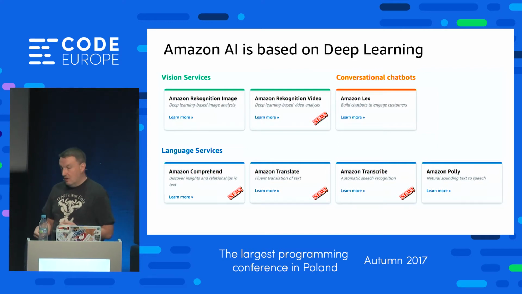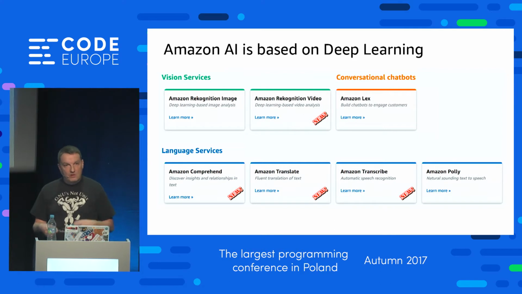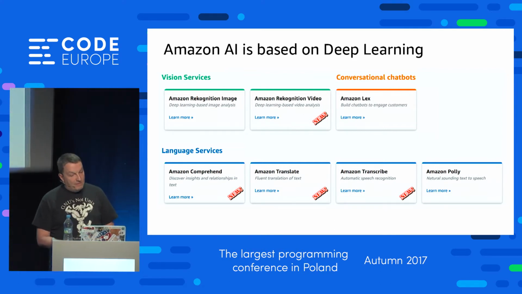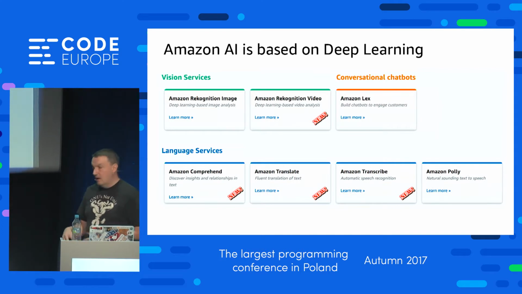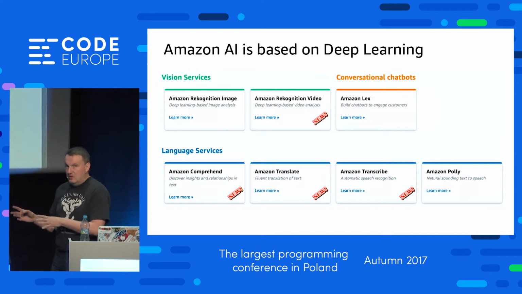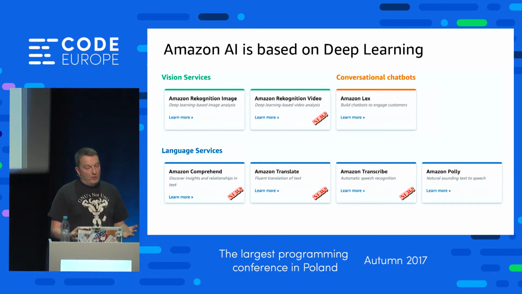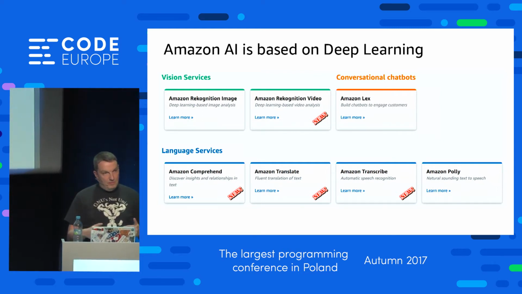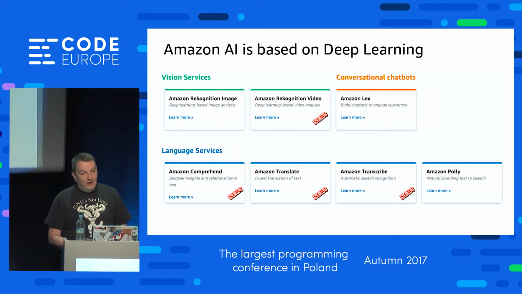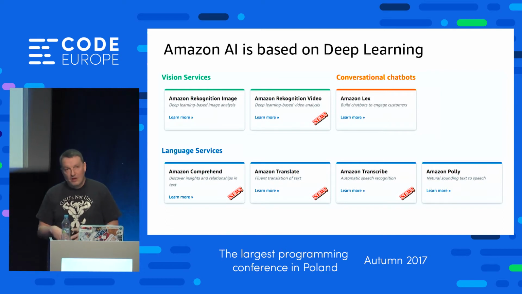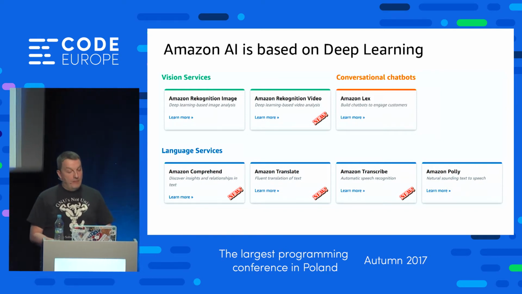Automatic translation, natural language processing, understanding the context, speech to text, text to speech, okay? So all these services are super easy to use. There's just one API call away. And we try to make them as simple as possible, but behind, if you lift the cover, if you pop the hood and you look how these systems are built, obviously they're using deep learning, right?